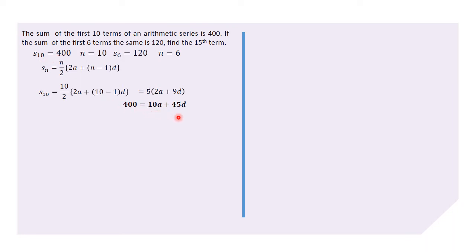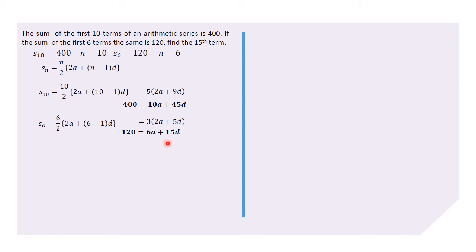That's the first equation. Another equation we're going to form using S6 is 120. So the sum of the first 6 terms is 120, in which case n would be 6. So I have 6 over 2, everything else there, we have 6 minus 1 there, and we simplify. We're going to find 3 in brackets 2a plus 5d, which simplified would be 6a plus 15d.